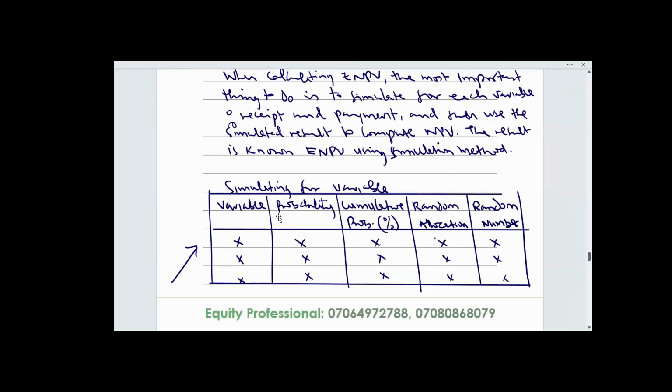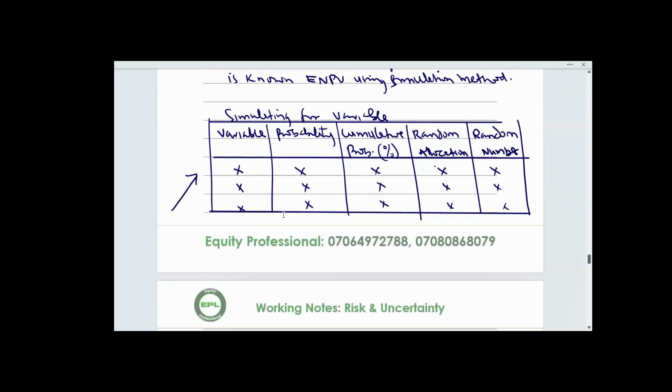So that will give you the expected NPV depending on the set number given to you. If you are given 4 different sets, that means you are going to calculate 4 different NPV. If you are given 10 sets for both receipt and payments, then of course you are going to calculate 10 different NPV. At the end of the day, you find the average expected NPV. So that's all you need to do.